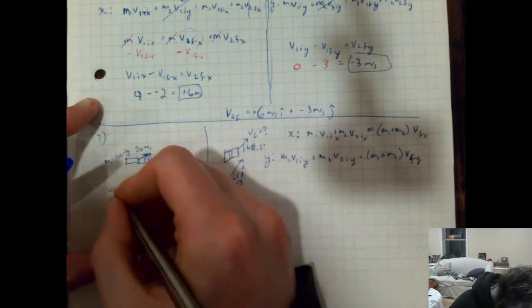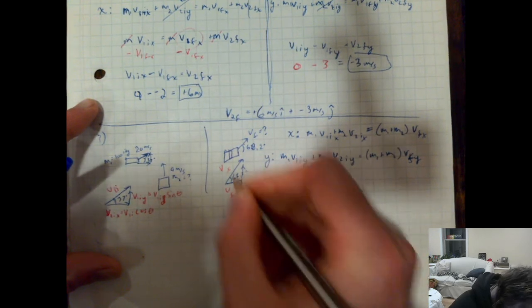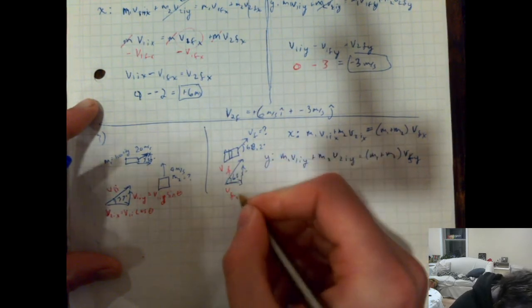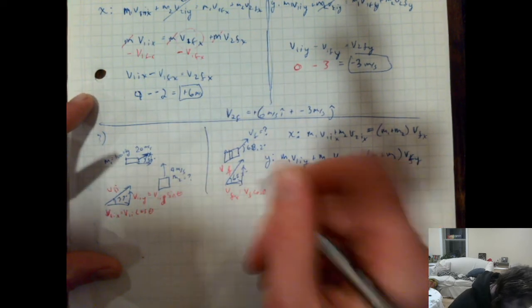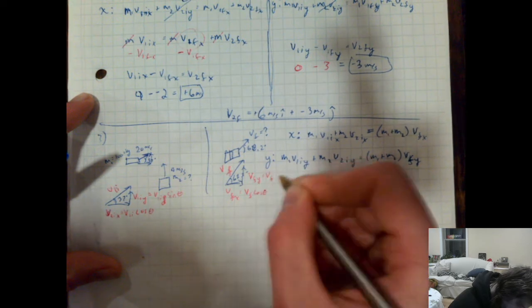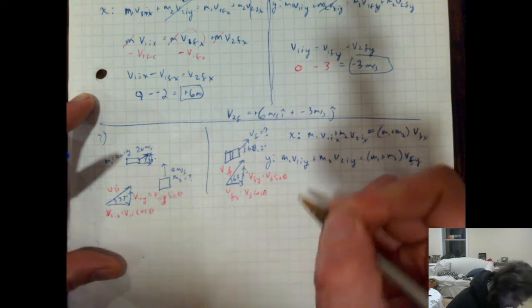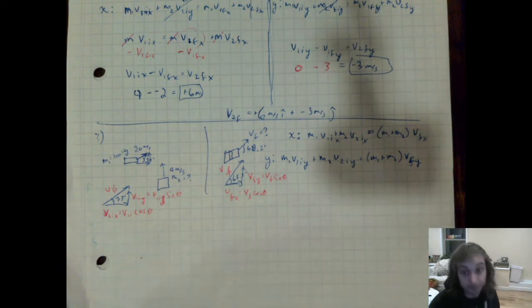The vfx is going to be equal to vf cosine theta, and vfy is going to be equal to vf times the sine of theta.